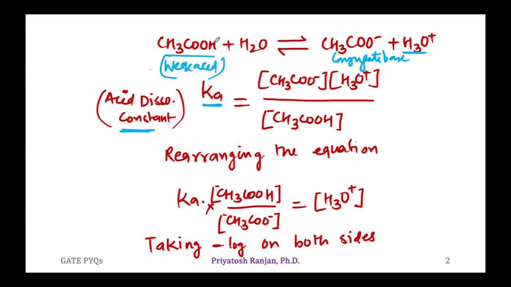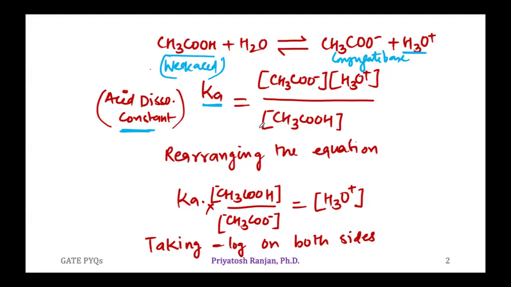Remember, when it will lose its proton, that proton will combine with the water molecule to give you the hydronium ion, and that's the reason I have written the hydronium ion at the product side, and K we can calculate by multiplying the concentration of the products divided by concentration of the reactant. Why I have not considered water in the denominator? Because water is a pure liquid and it has a very high concentration, which is relatively constant throughout the course of the reaction.